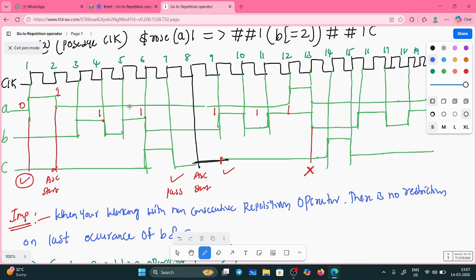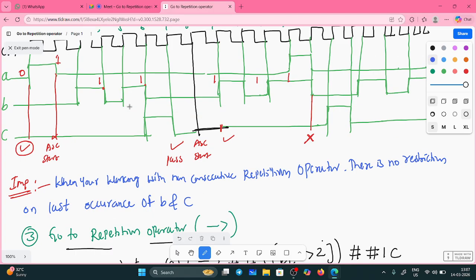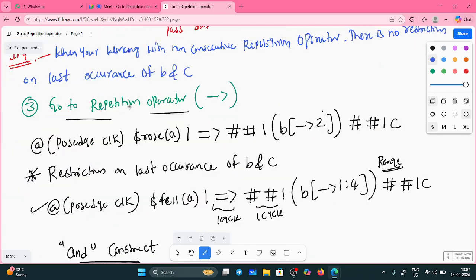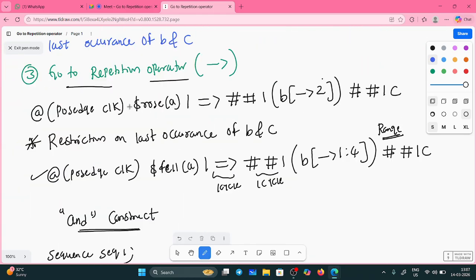When you are working with the non-consecutive repetition operator, there is no restriction on the last occurrence, whether B or C is occurring or not occurring, your assertion will pass. But with the go-to repetition operator, there is a restriction on the last occurrence of B and C. The last occurrence of B and C should pass, then only your total assertion will pass.